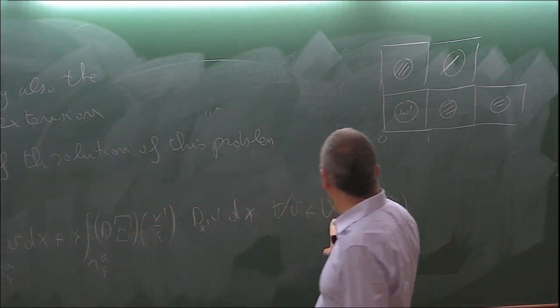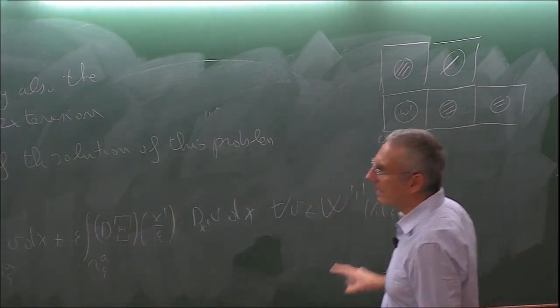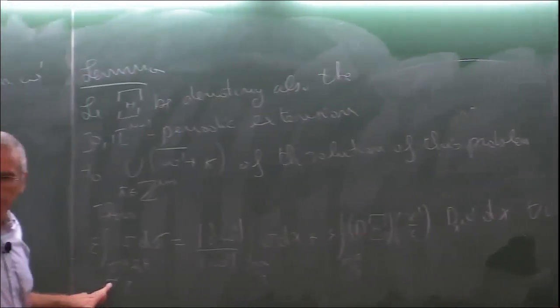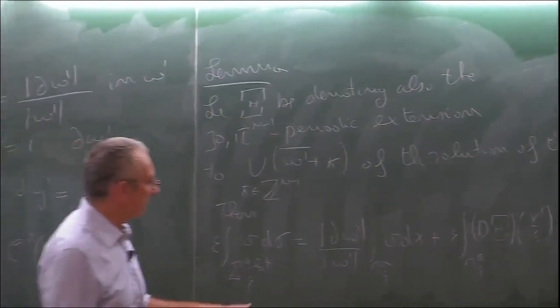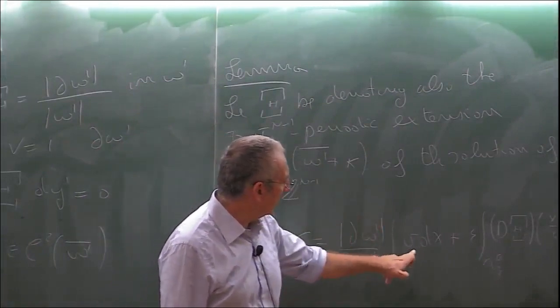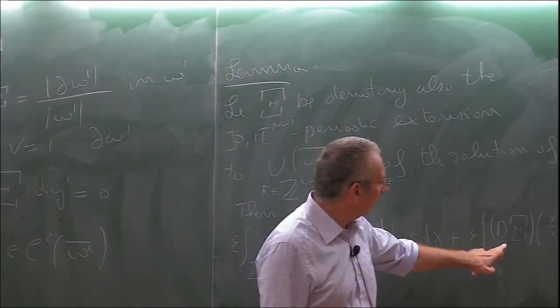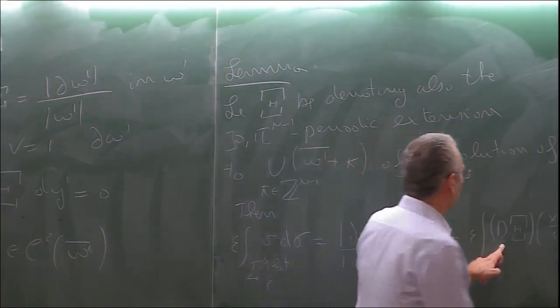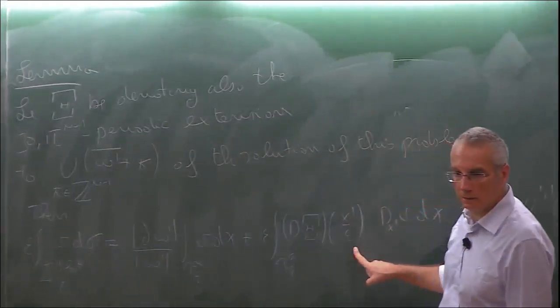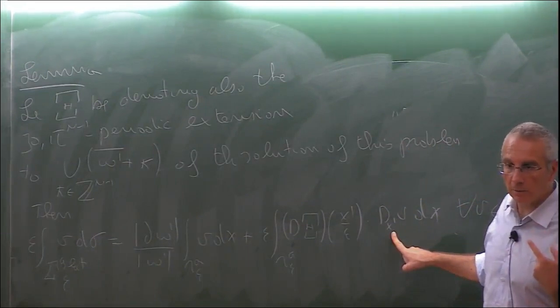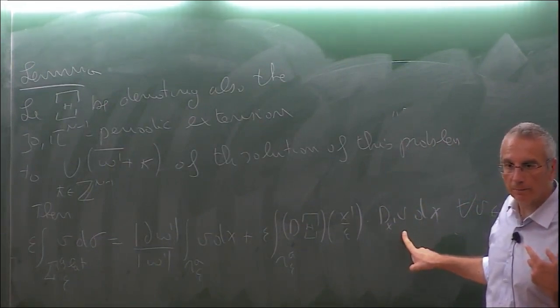Then for every v in W^{1,1} of omega A epsilon, we have that epsilon times the integral of v on the lateral boundary is equal to this coefficient times the integral of v on omega A epsilon, plus epsilon times the gradient of Xi computed in x prime over epsilon, inner product with the gradient with respect to the first n-1 variables of v only.